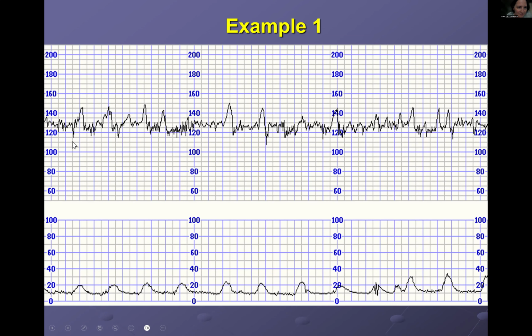It doesn't really go with the contraction. It's true, but it's also short, and then it's followed by nice accelerations. So they are okay. You're going to watch it, but you're not worried about them. Exactly, so I agree, there are early decelerations.